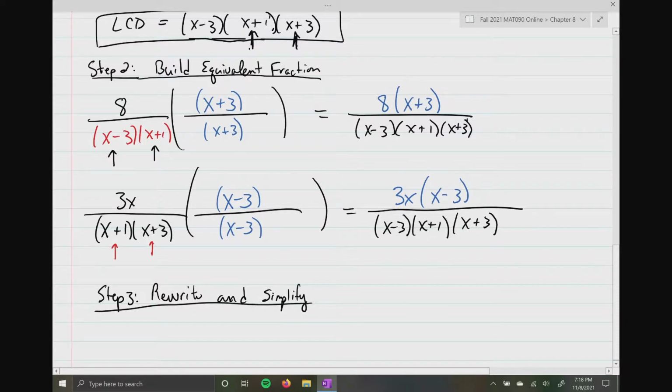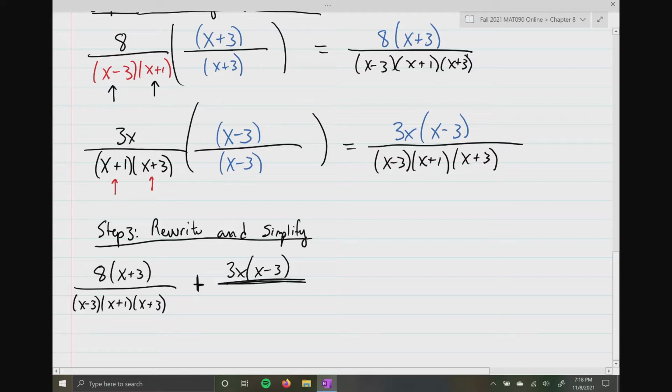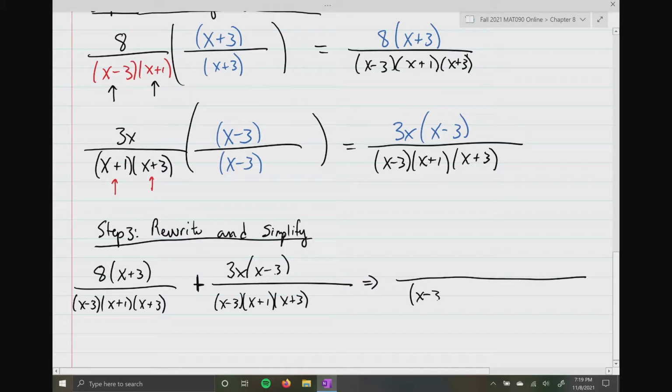Okay, so let's go ahead and rewrite this. 8 times the quantity x plus 3, all over x minus 3 times x plus 1 times x plus 3, plus 3x times the quantity x minus 3 all over x minus 3 times x plus 1 times x plus 3, is going to equal now, and I know this is a lot of writing, but it's not hard, it's just a lot of writing.